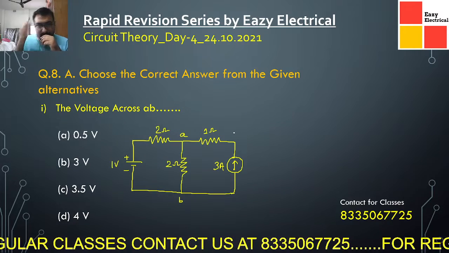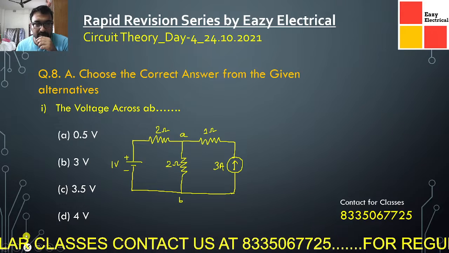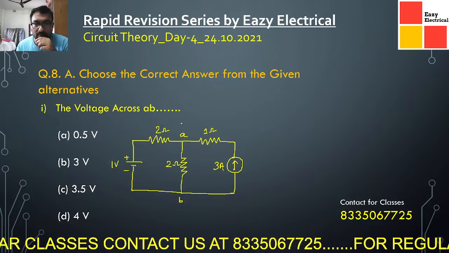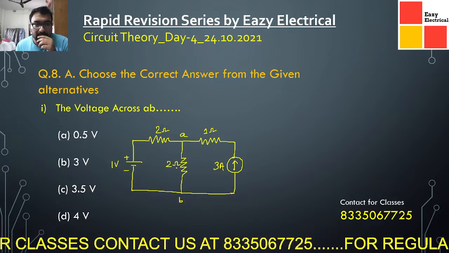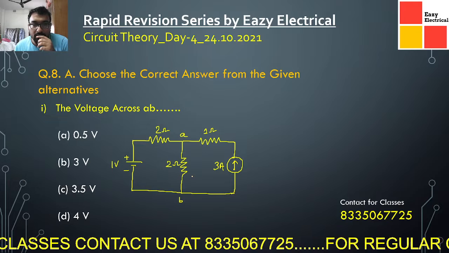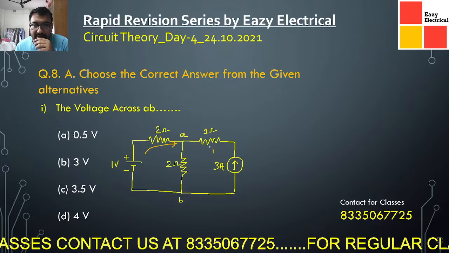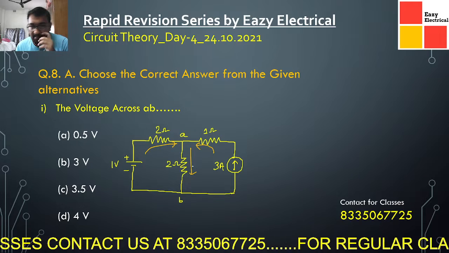The voltage across AB we need to calculate. Now see here, what we can do is consider current in this direction, this direction, and this direction.